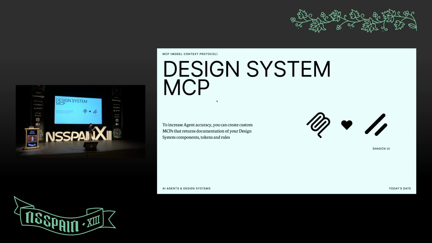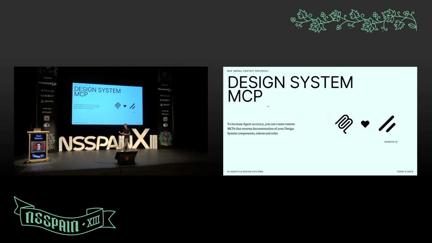If you need variations, like I need a button, what are the variations that you have for this button? I need a pill, give me all the pills. Give the documentation. All that information is already provided. So you can build your own MCPs instead of relying on third-party tools and be much more direct with what you need, or just build your CLI as well.